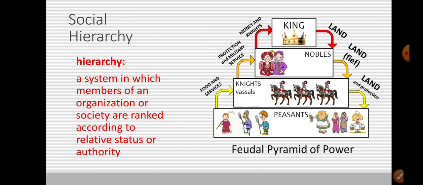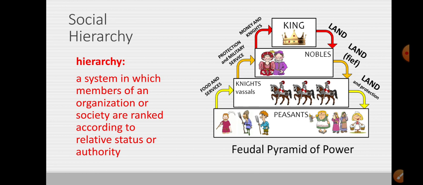So a hierarchy is a system in which members of an organization or society are ranked according to relative status or authority. So their power, how powerful they are, and how important they are. If they have more importance, they are above others.